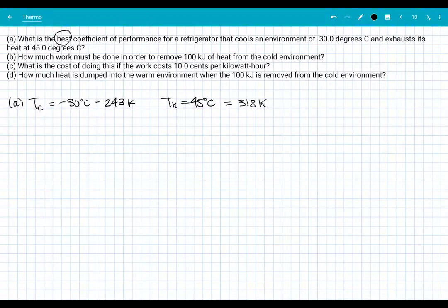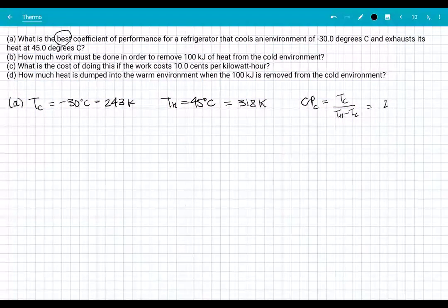That makes it a pretty simple calculation to find the coefficient of performance. We're talking about the Carnot coefficient of performance, so I would put a little sub C down there for Carnot. That's going to every time be equal to the cold temperature over TH minus TC. There are different ways of writing that, but it essentially gives you a ratio every time.